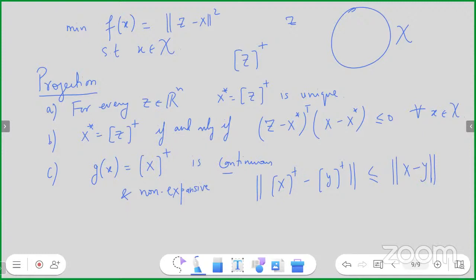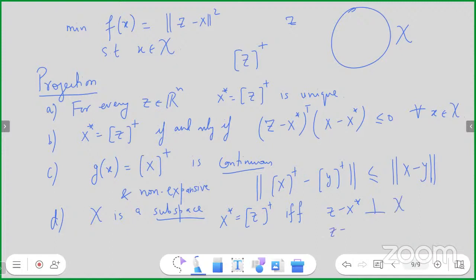This is also very interesting: if X is in fact a subspace, it is not necessary that every convex set is a subspace, but if it is a subspace, then Z minus Z plus is perpendicular to Z plus.